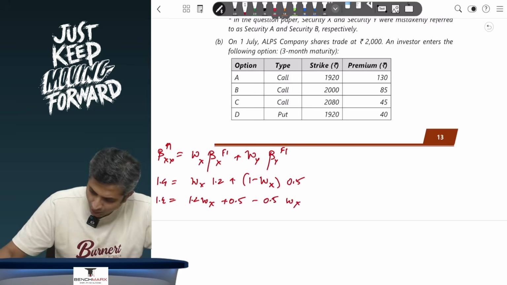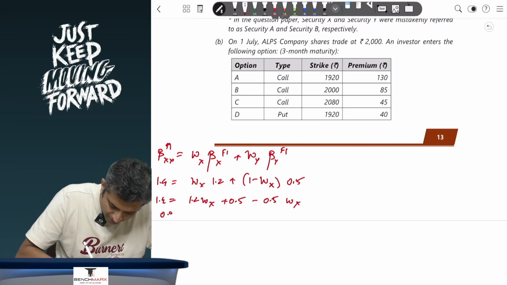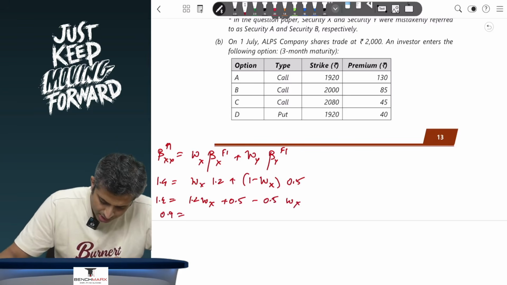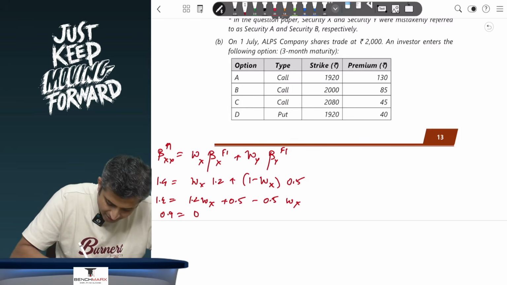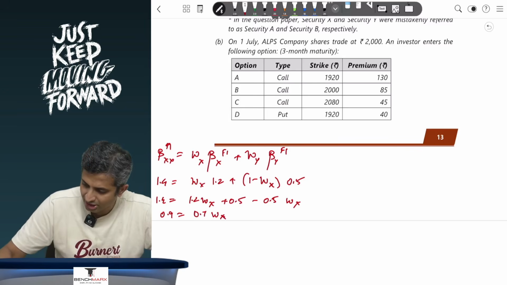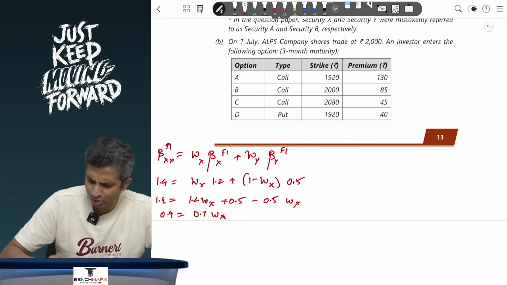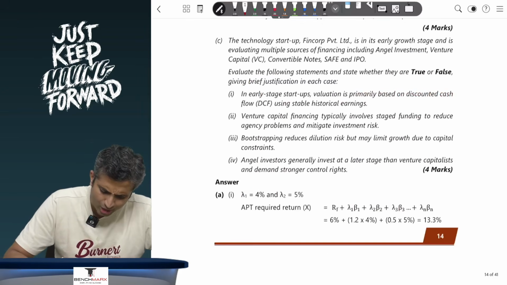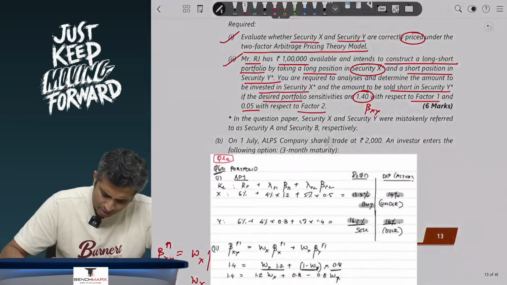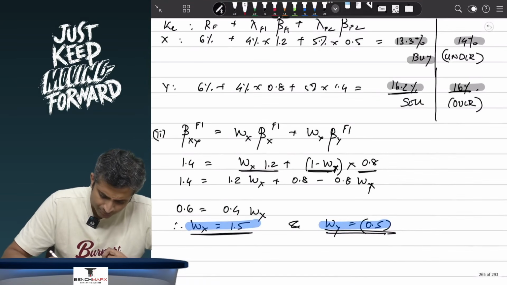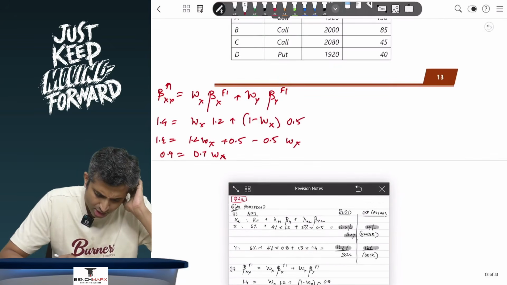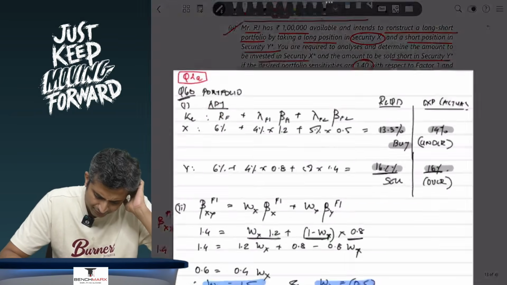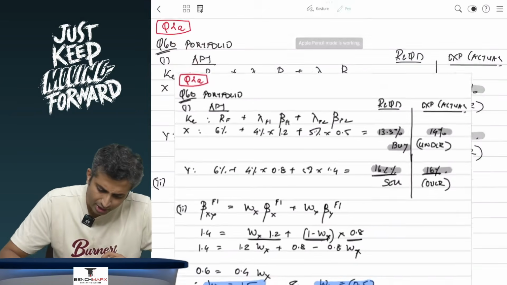If I take 0.5 to the other side, this comes to 0.9 equals 1.2 minus 0.5, which is 0.7 Wx, and hence 0.9 divided by 0.7 comes to around 1.28 or something. Let me just verify this once. Sorry, I've made a mistake. I think this is 1.2. My desired portfolio is 1.4 and this is 0.8.